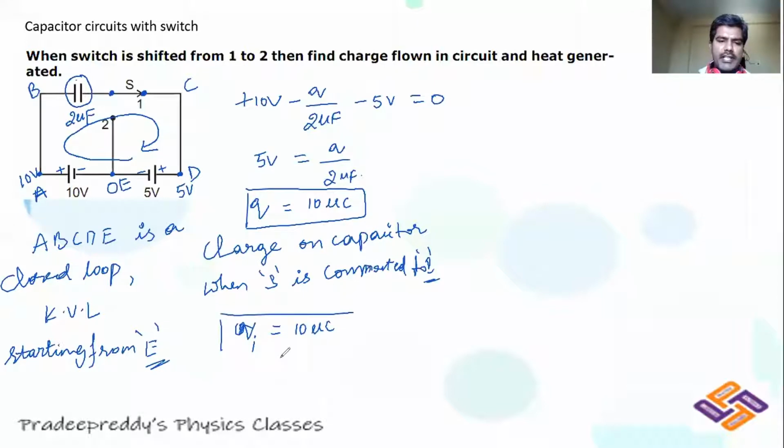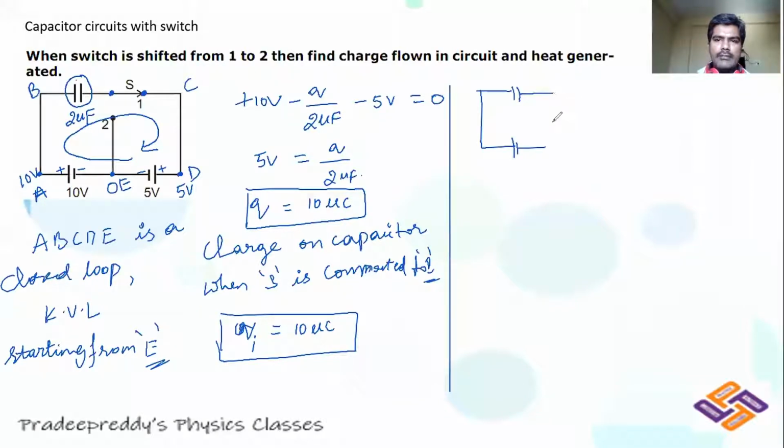This is the initial charge. Now, as there is some charge already on the capacitor plates, what you are doing now is removing this switch S1 and connecting it to S2. So the new circuit will look like this. This is a battery of 10 volt, and it is being connected to this 10 volt, leaving this 5 volt out.